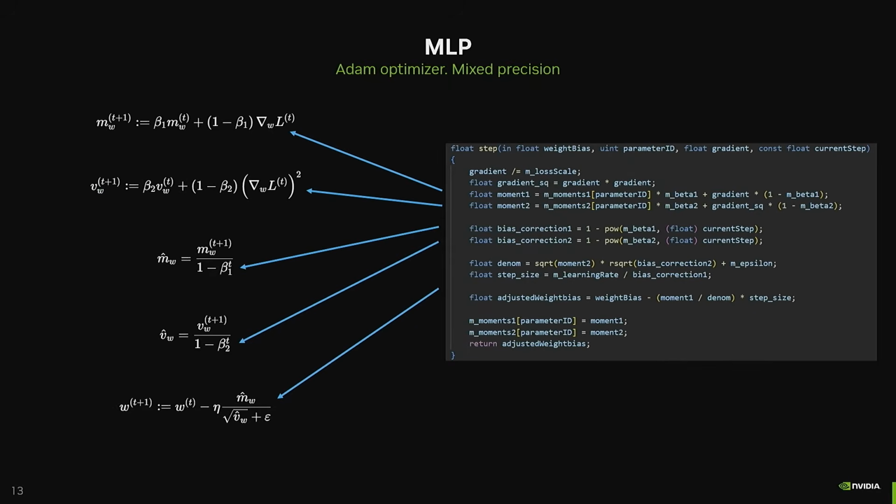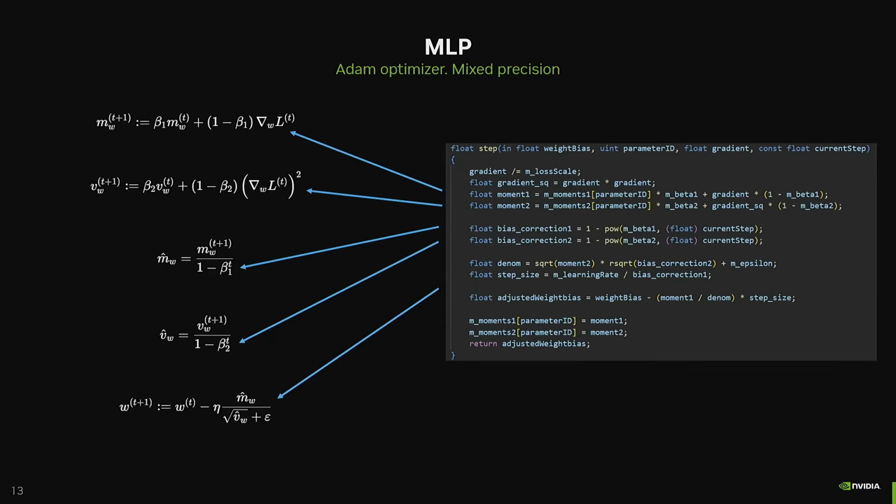So here is the Adam optimizer that we use, and in our implementation we do training in FP16 precision, but the optimizer step actually uses mixed precision, so it stores some gradients for making steps from one epoch to another. It stores them in 32-bit floating point, so it's a mixed precision implementation.